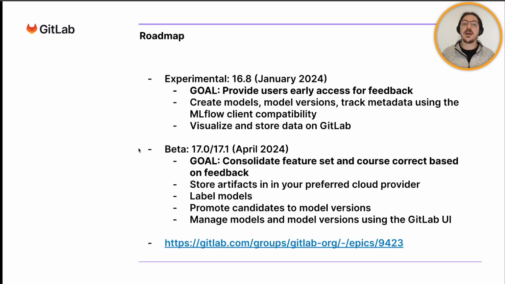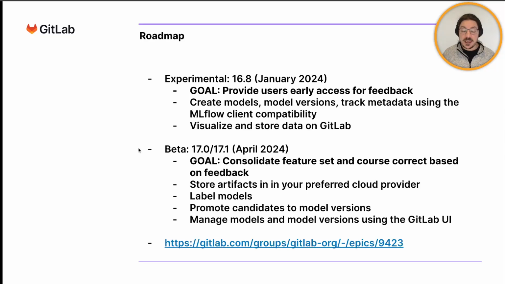Yes, next month. We are ready. I'll show you very quickly, but we are on the path to release this in 16.8. And once we release the experimental version, we're going to work on beta features, consolidating this experimental set of features and baking in a beta version.